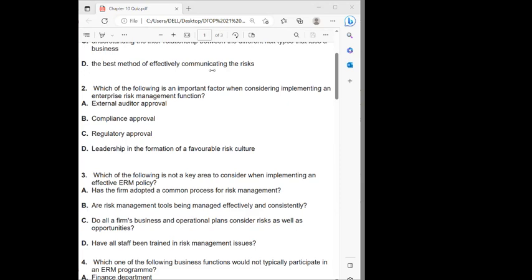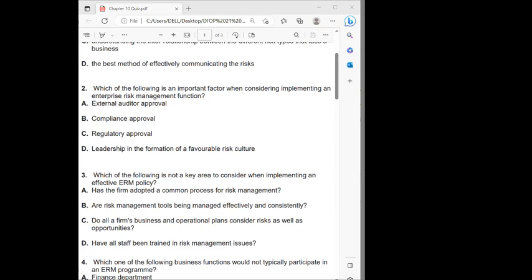Right, again, I have 5 responses. Let's see. The question is, which of the following is an important factor when considering implementing an enterprise risk management function? Important factor.